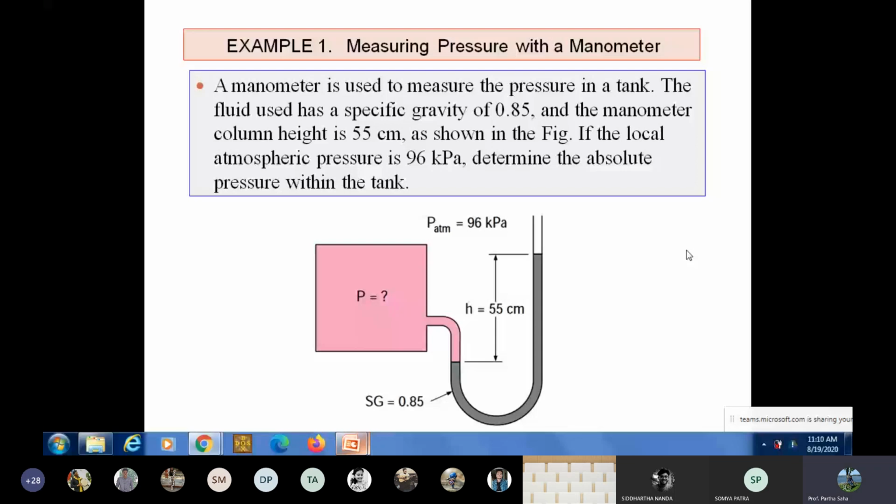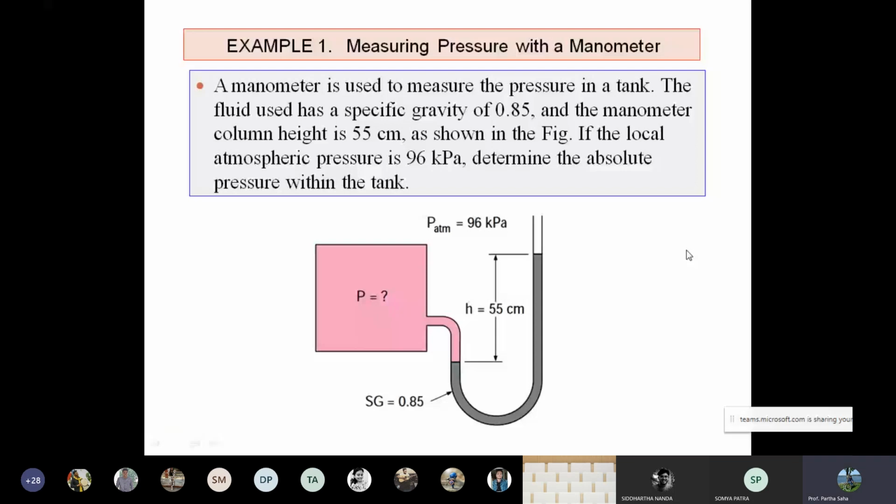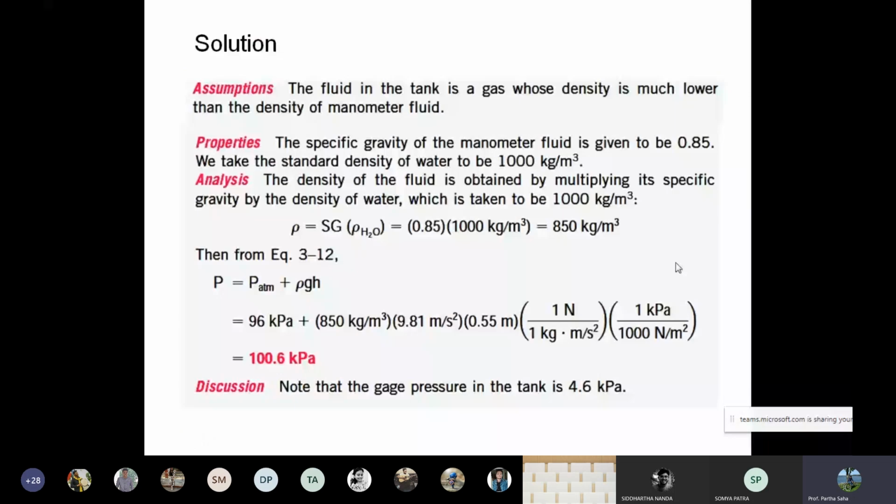I think it's been solved here. The fluid in the tank is a gas whose density is much lower, because as you can see, the pink is the gas. That's why its density is lower. The specific gravity of the manometer fluid is given as 0.85, so the density will be 850 kg per meter cube. And as you know, this equation: P equals P atmospheric plus rho gh.